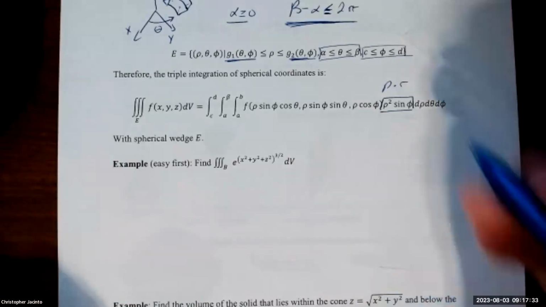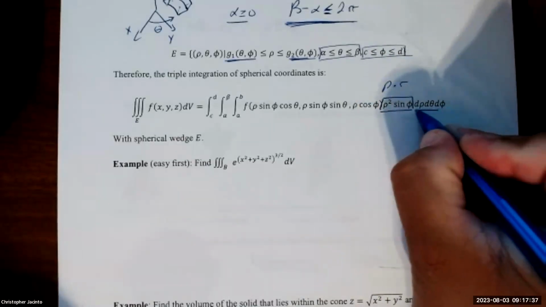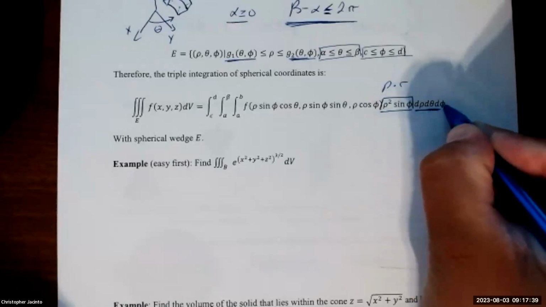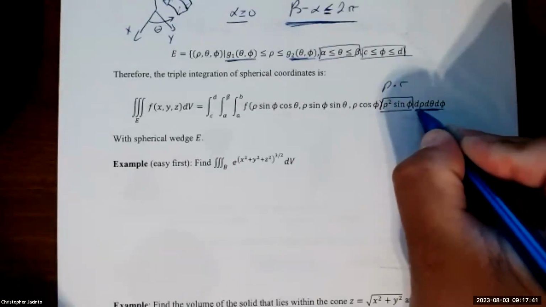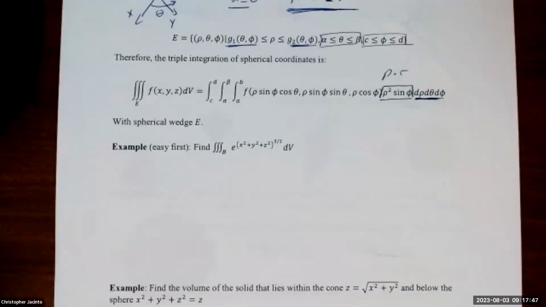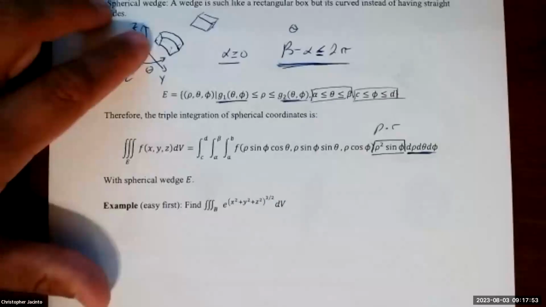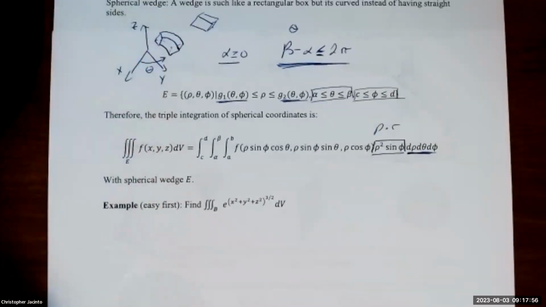And that's the key thing. It's rho squared sine phi. In terms of that, you could change the order between theta and phi, but rho always comes first, or the p, if you want to call it p. That would get confused. Okay. Again, this is our spherical wedge. So we're rotating that little part all the way around.